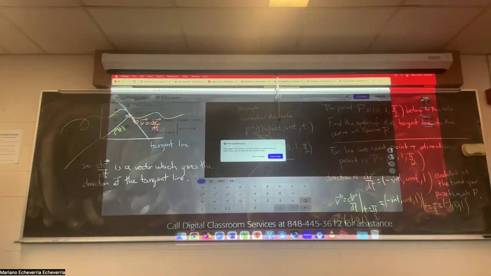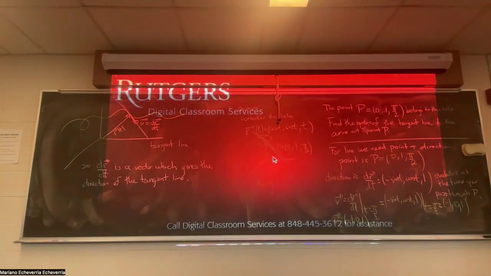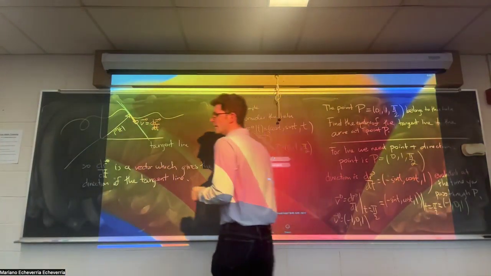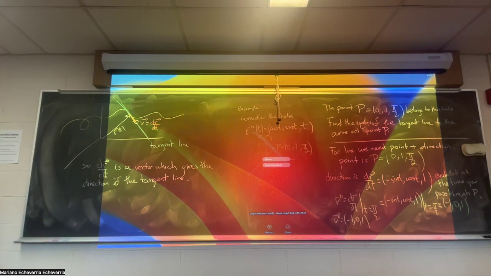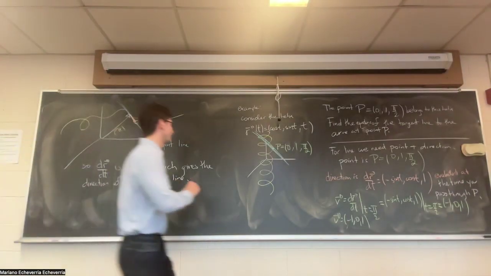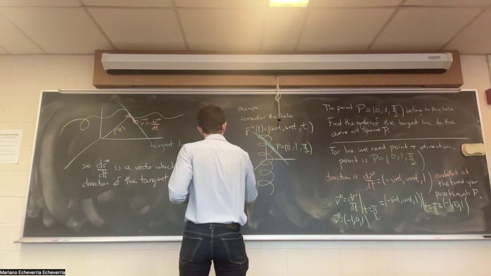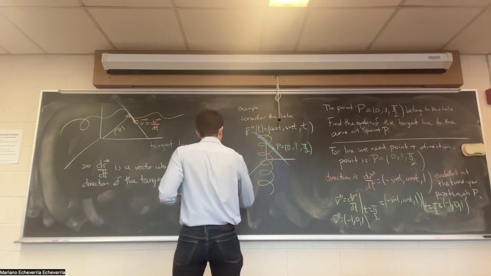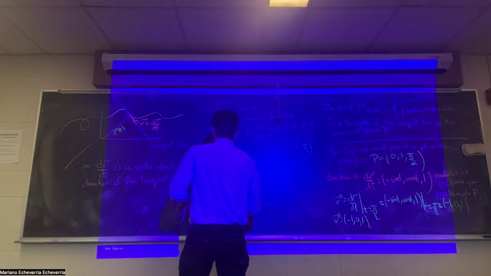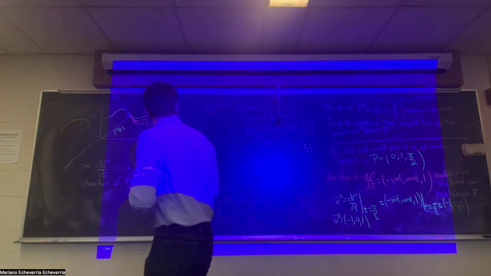Which page? It's so strange. How can I turn this off? Okay, fine. Remember, the equation of the line is point plus t times vector. Yeah, really frustrating, but I'm almost done.